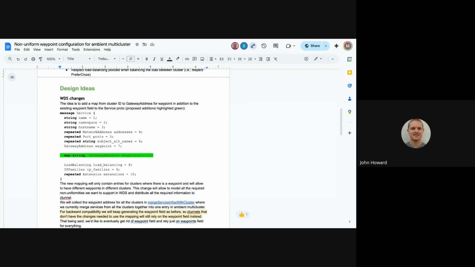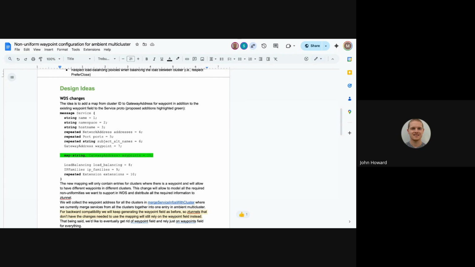Yeah, I guess I just don't really understand the problem. I see the solution, but I don't understand the problem that we're trying to solve. So we're saying today you have to have a waypoint in all clusters or no clusters. Yes. So let's say I have a waypoint in one cluster and not in the other cluster, and we do the solution.